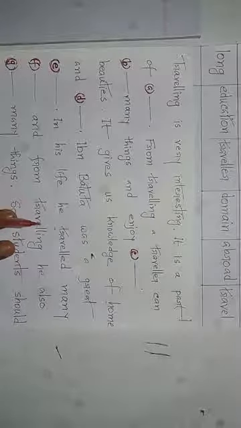Look at the first gap. It is a part of, here we have a gap. Notice the structure of this sentence. It, this is subject, and is linking verb, and you know, after linking verb a complement is necessary.